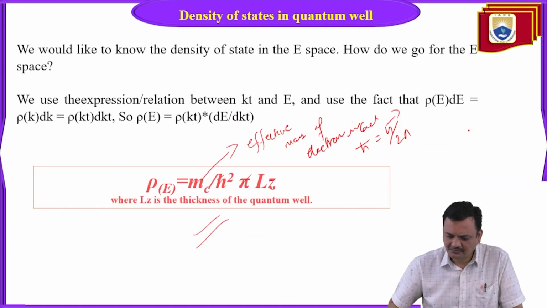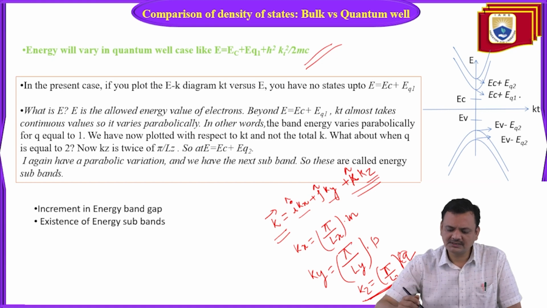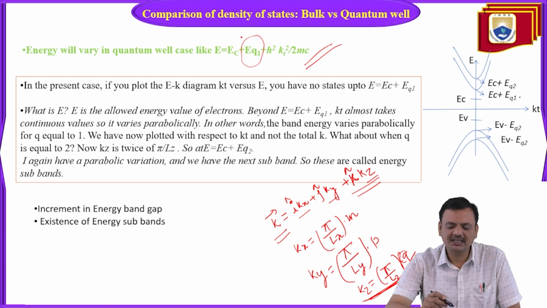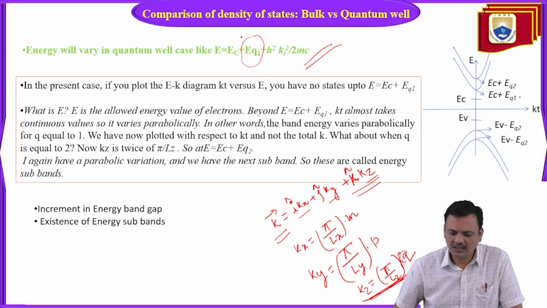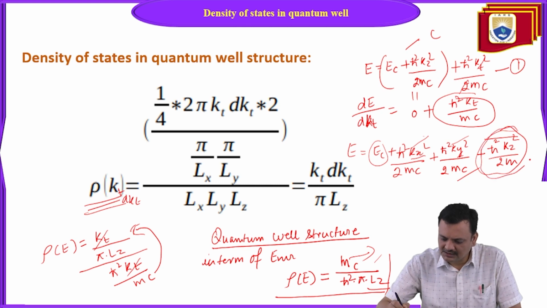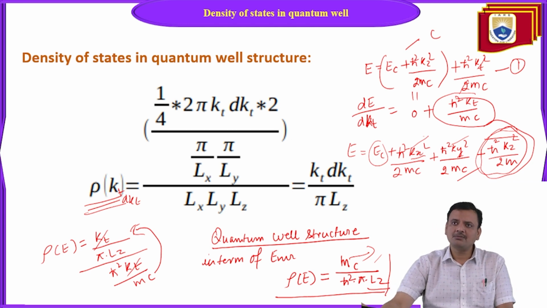Okay, so this EQ1 is nothing but this energy, and this energy is quantized, because there is the involvement of kx, ky, and kz, and kx, ky, kz all have discrete values.